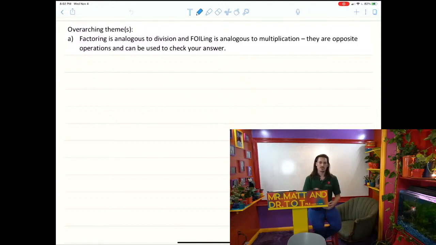There are some extra considerations that we need to make when we take a quadratic into two products. So they're opposite operations, and they can be used to check your answer. When you factor appropriately, it should FOIL back into the quadratic you originally had. So you can undo your process to make sure that the process you originally did was correct.